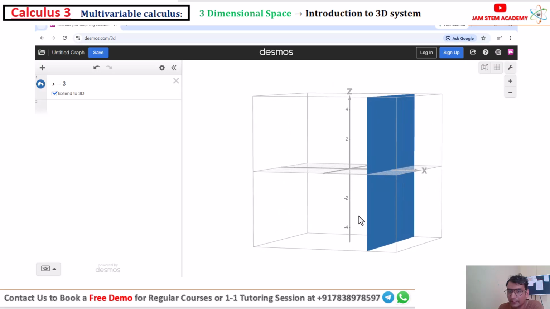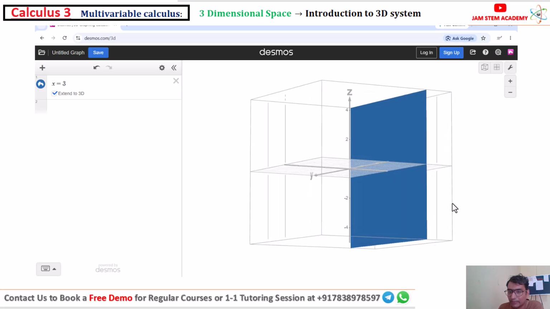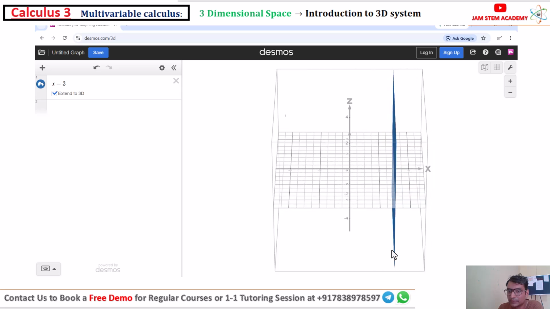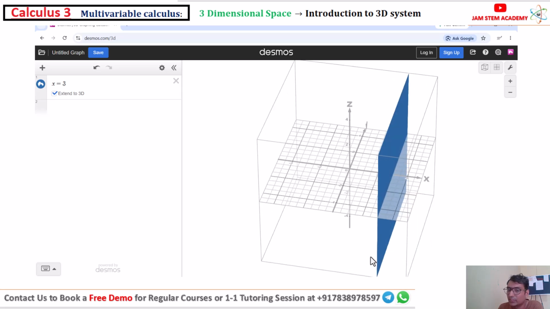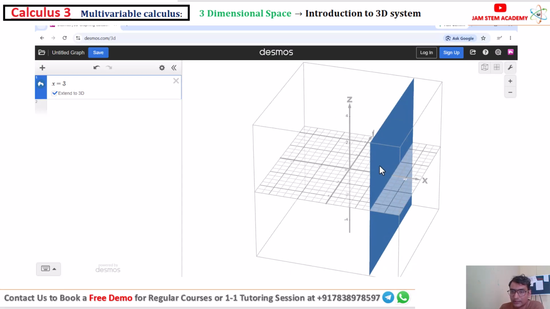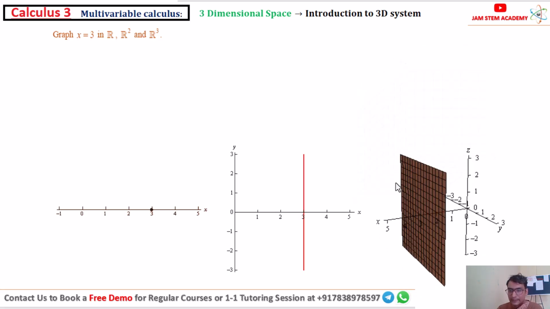This is your plane. Y and z can be any real number, but on every point on this, the x value is only 3. As you can see, we are only traveling 3 unit distance on x, but no restriction on the values of y and z. So we got this plane on traveling 3 unit distance along the x direction, right?